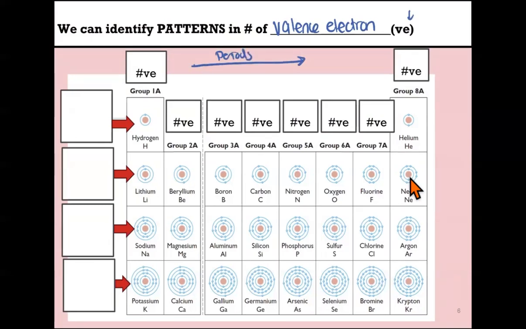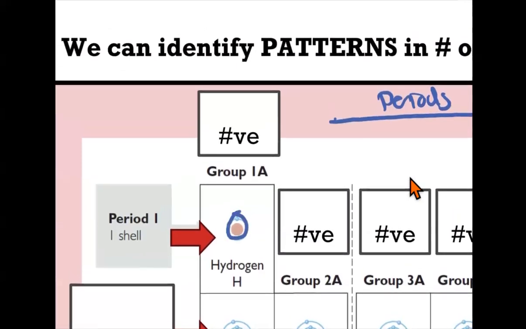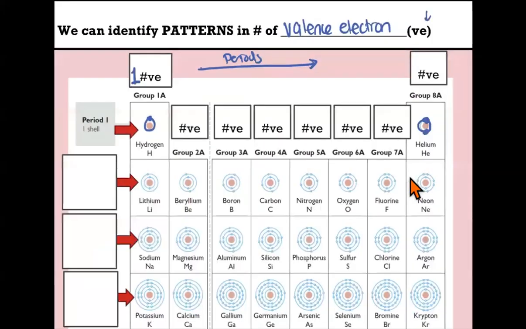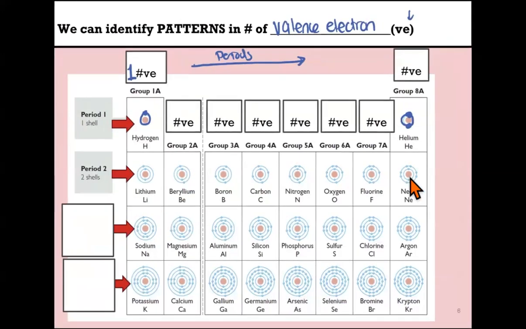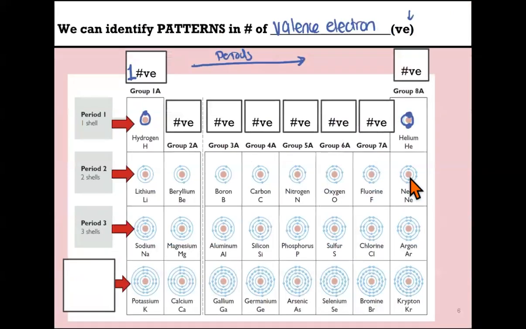In period number 1, we have one shell. What do you mean by shell? We have this exact ring where here there is one electron. In period 2, there are noticeably two shells. For lithium, there's one and then two. For period 3, there are three. And period 4, there are 4 shells.